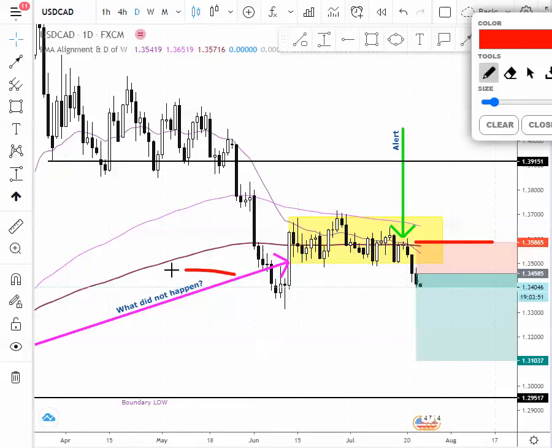Because again, going back to my idea here, what should not happen if I'm correct? Price should not turn around and come back into this area here. If price starts to come back into this area here, then I'm going to get out of this trade earlier and have my stop even smaller than it is right now.